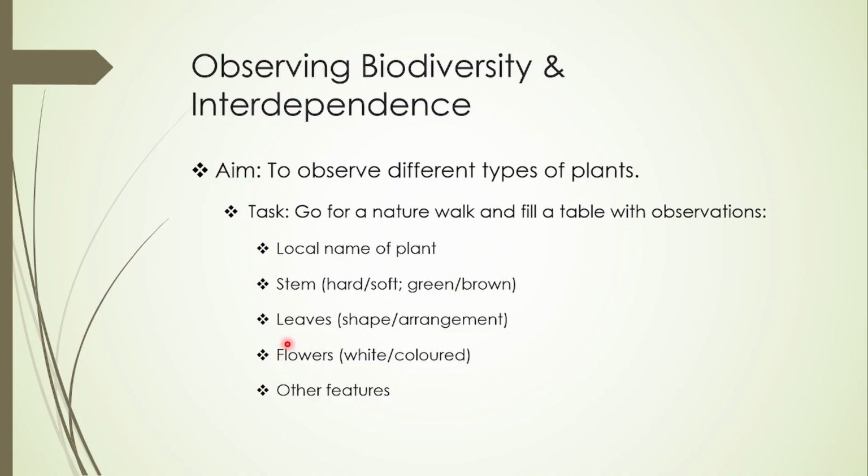You should look at how the leaves look, their shape and arrangement, and look into flowers, which color, white or colored, and include other features. For example, a coriander plant has a soft green stem and small leaves, while a neem tree has a hard brown stem and broad leaves.